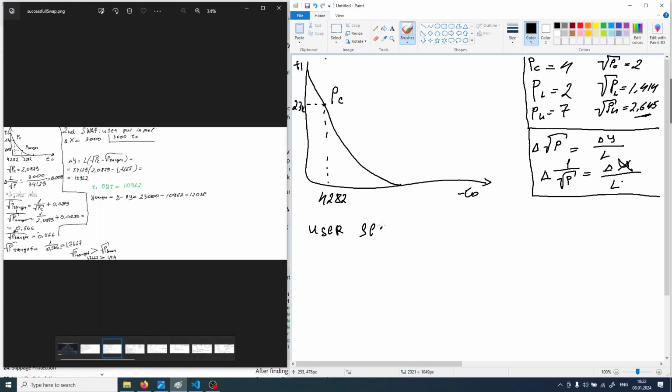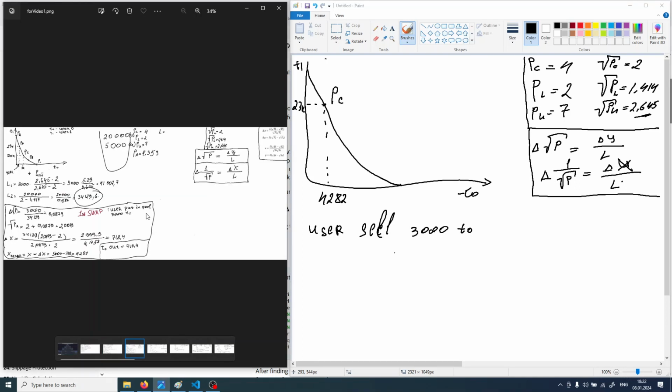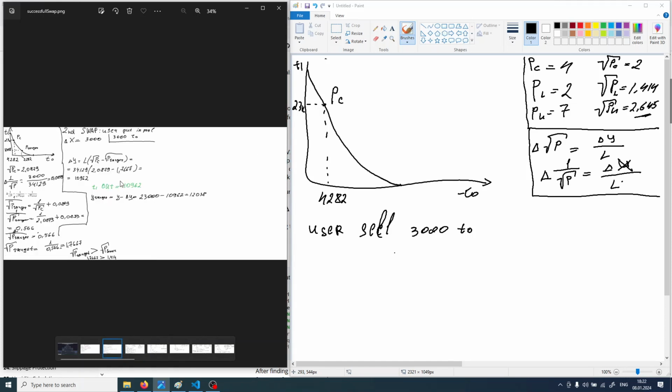3,000 of token 0. In the previous case, the user sold 3000 of token 1. In this case, we sell 3000 of token 0.